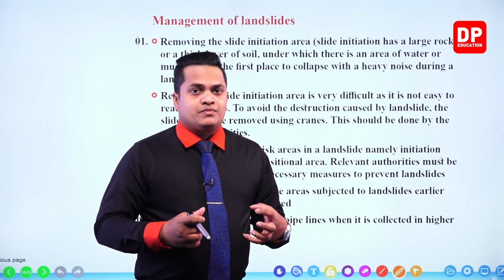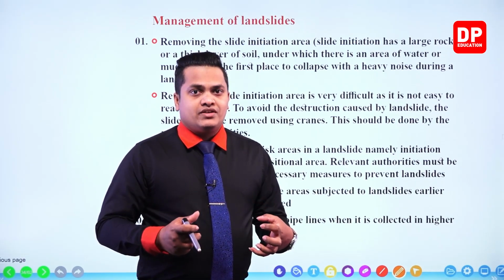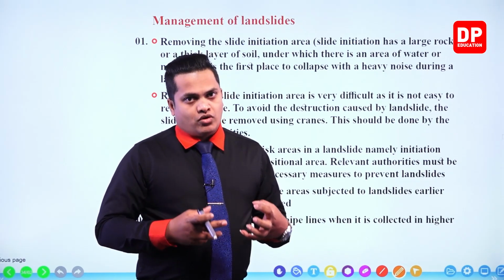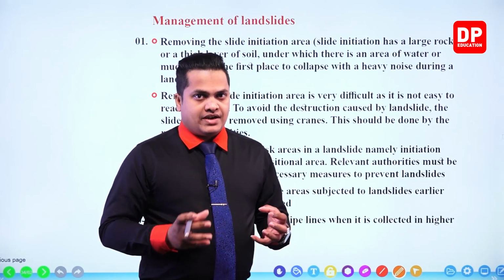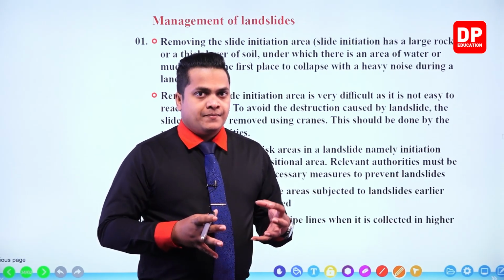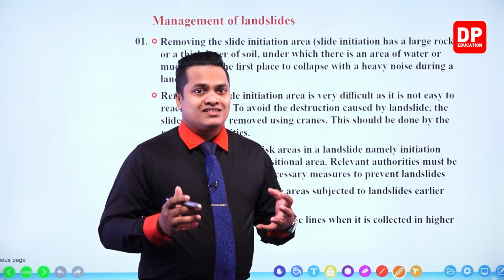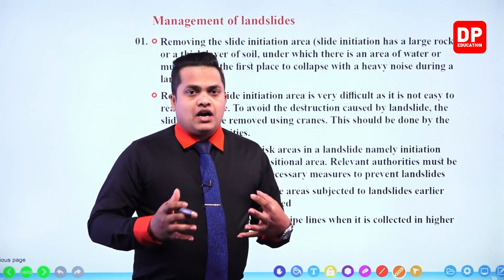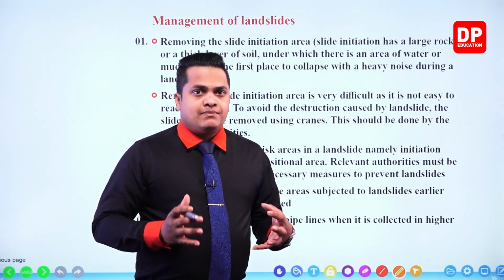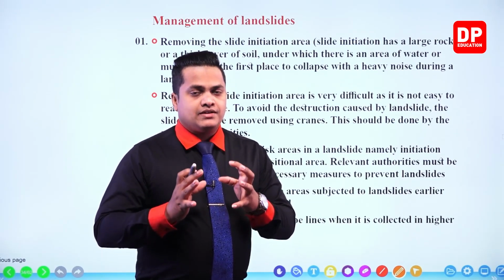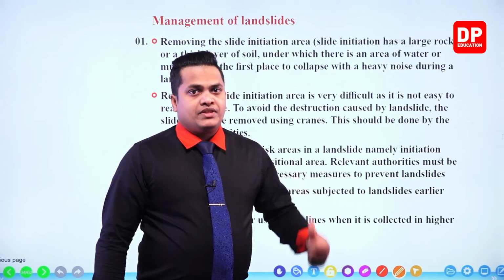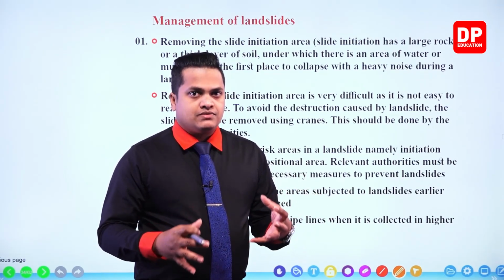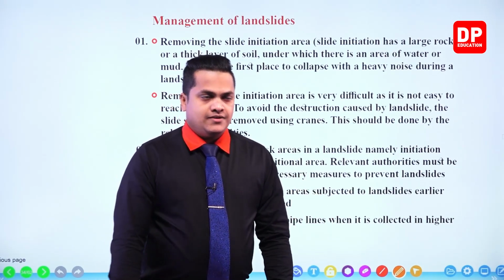By looking at those pre-signs, they can decide whether a landslide is going to occur or not. Then by looking at those signs, they can find out the slide initiation area. If they can't remove the initiation area by themselves, then the better thing to do is to inform the authorities. Then the authorities will come and handle the situation.